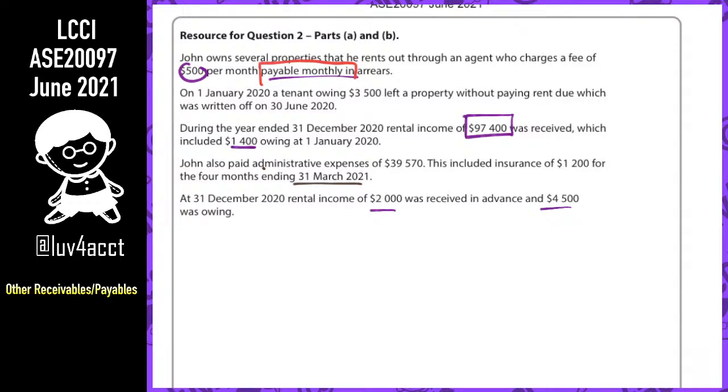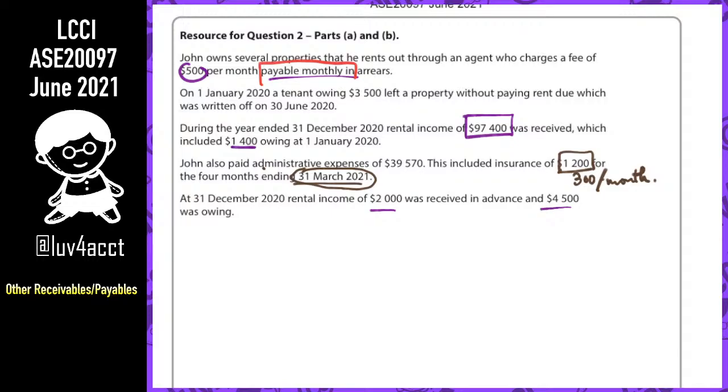But then in our admin expenses, it includes some prepayments. 1,200 is our insurance for 4 months. That means 300 per month, and we have this expense until 31st March.